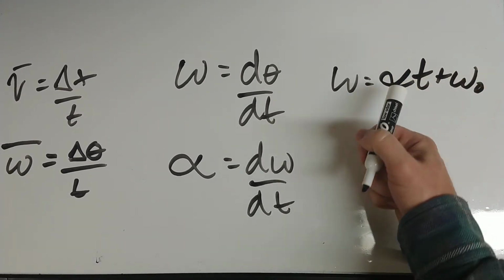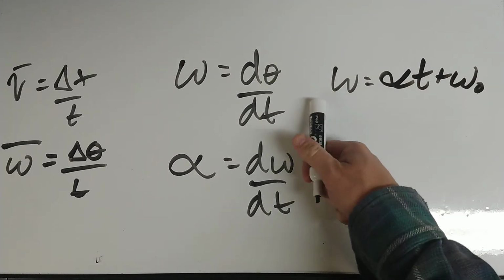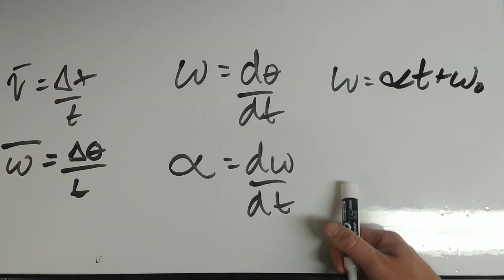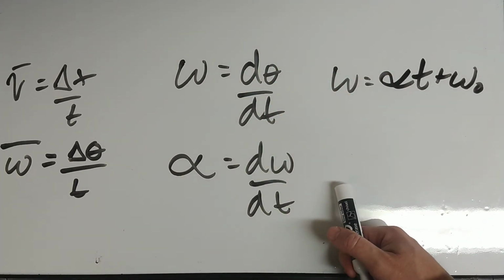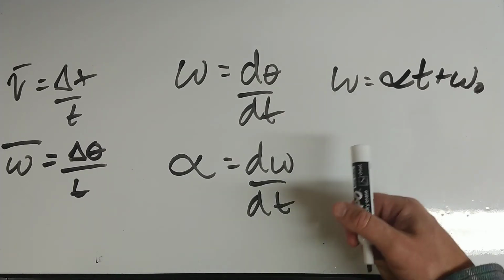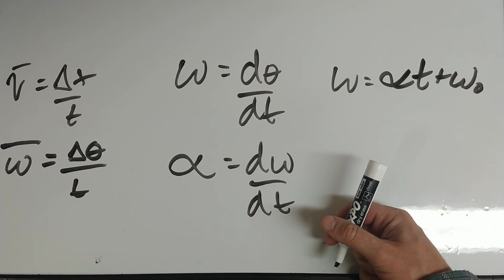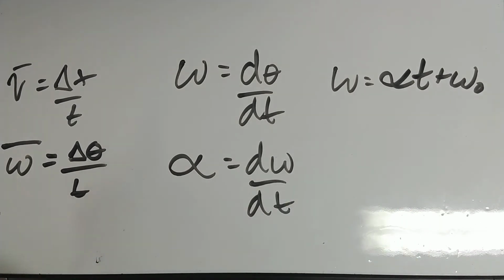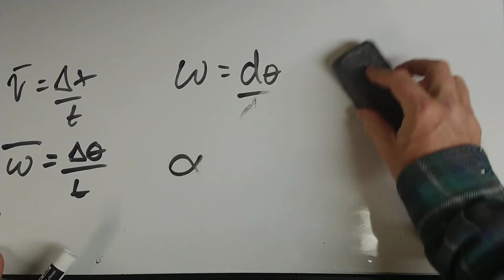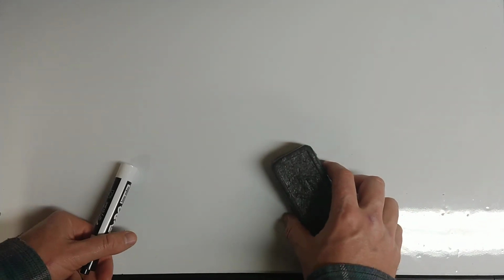If it's a constant acceleration, I could take the integral, and if I take the derivative of this, I get the definition of alpha. Anyway, you're going to get into this with the worksheet, and build that concept through worksheet 3. We'll come to an understanding of what those variables mean.